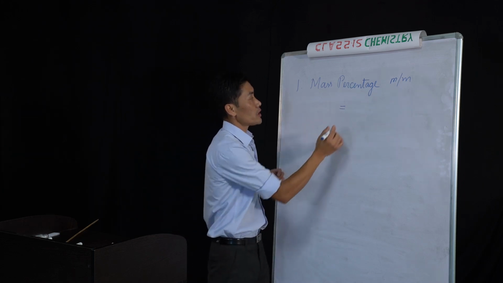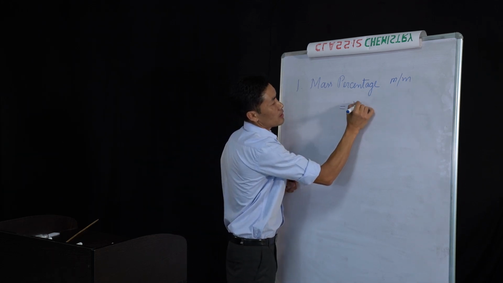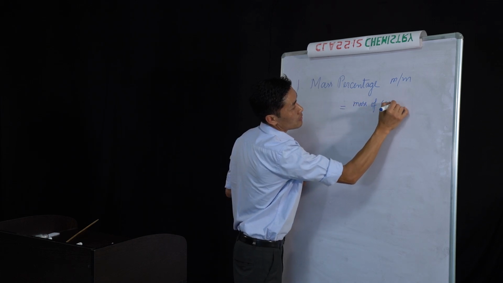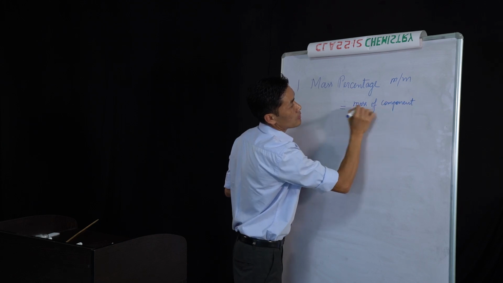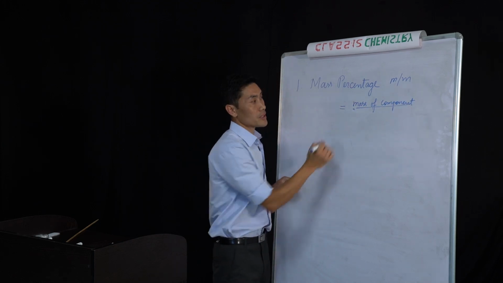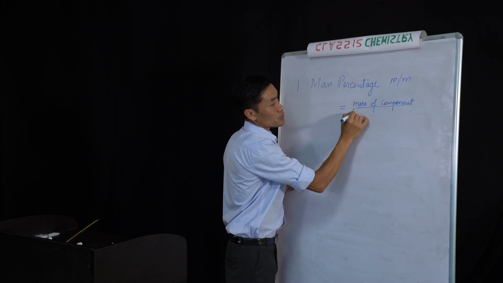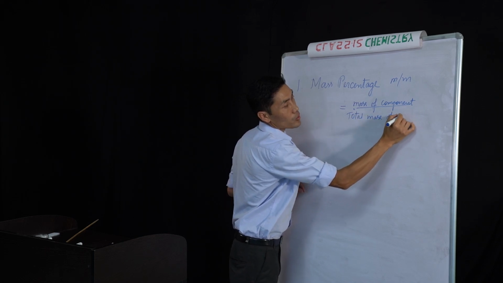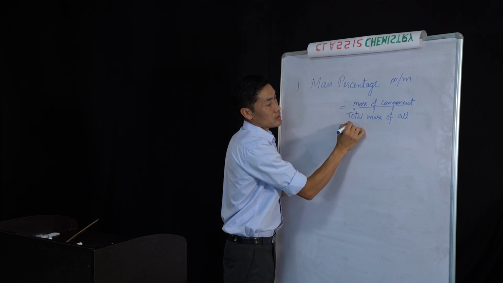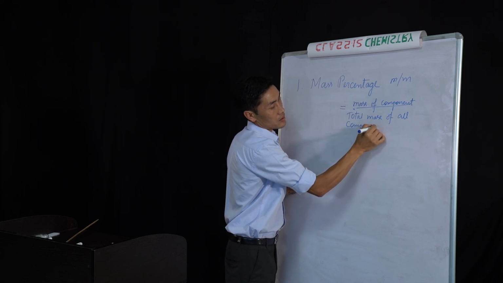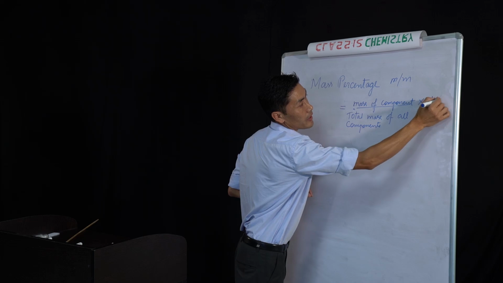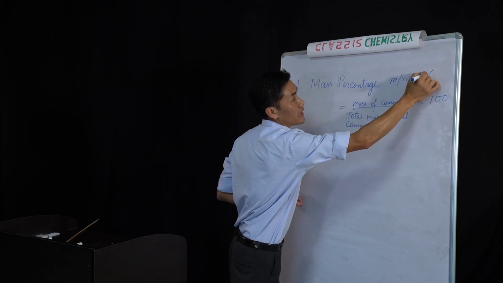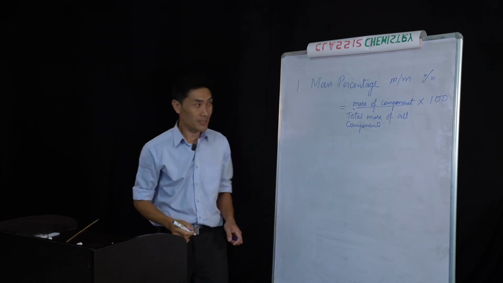Let me write it down here: mass of the component divided by total mass of all the components, and this is multiplied by 100. Mass percentage of any component can be calculated like this.